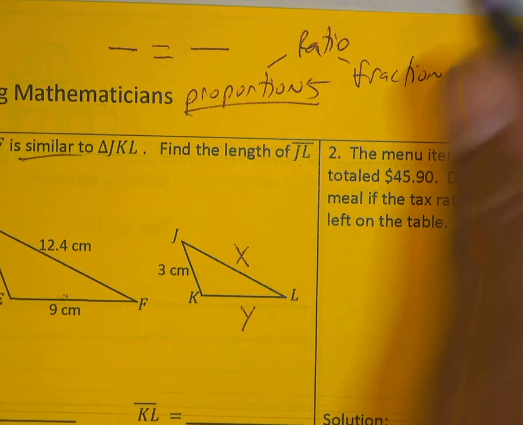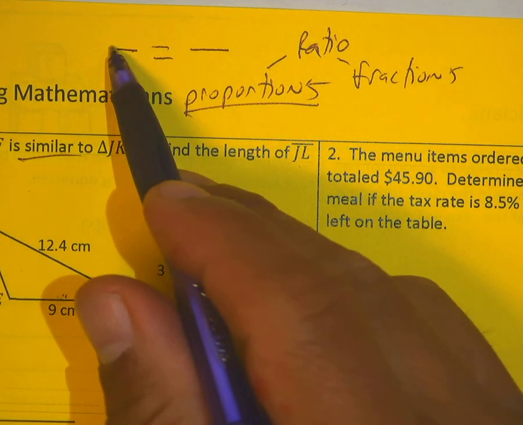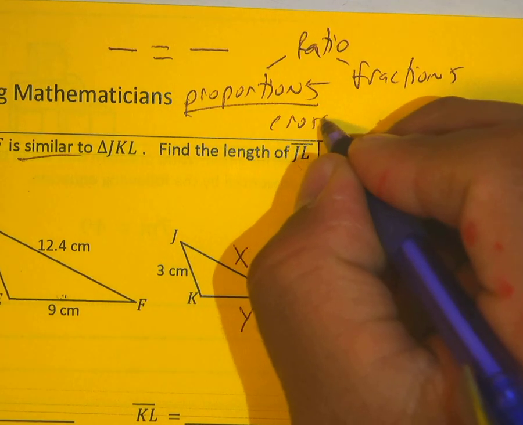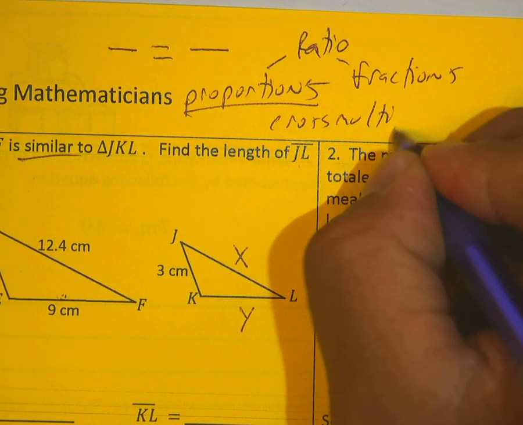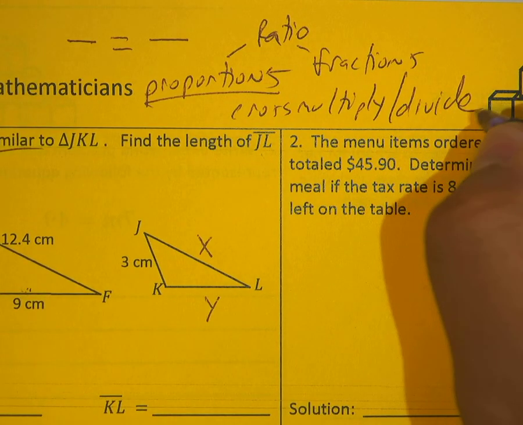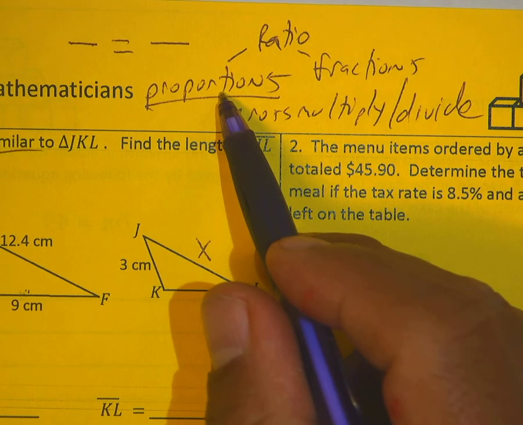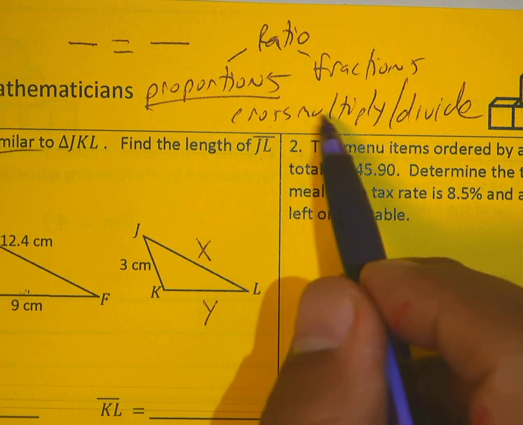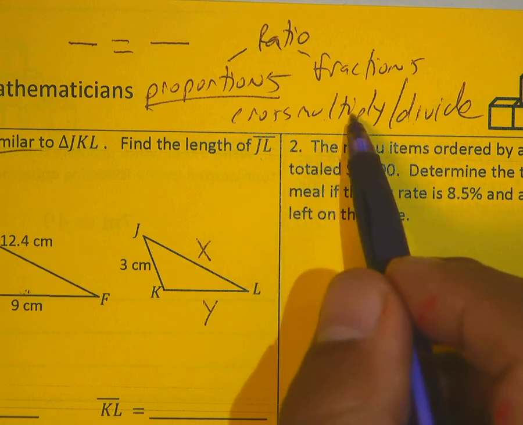So all you're going to do is have two fractions next to each other where you cross multiply and then you divide. Those are the two steps. A proportion is just two ratios or two fractions that you solve by cross multiplying and then dividing.